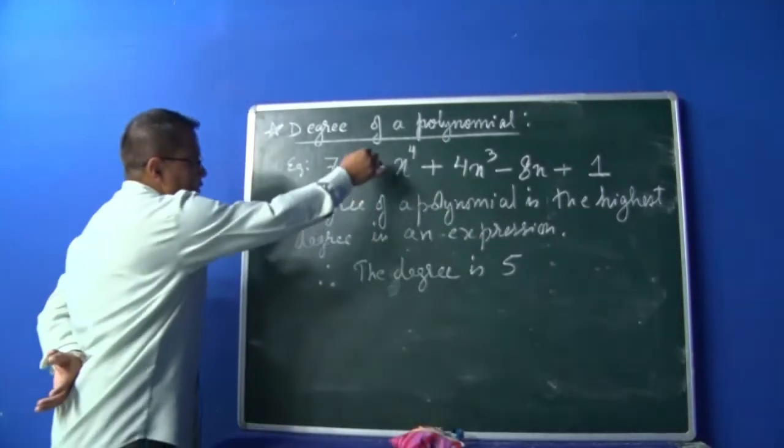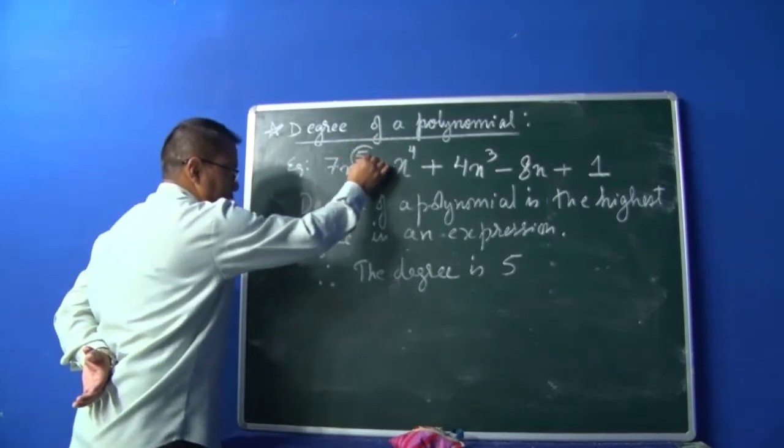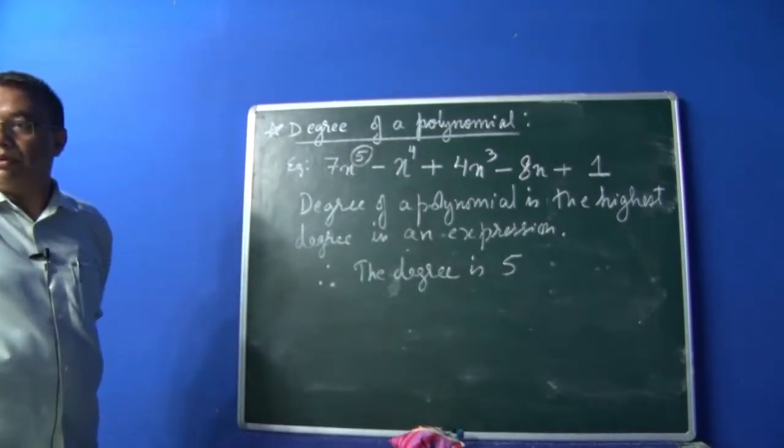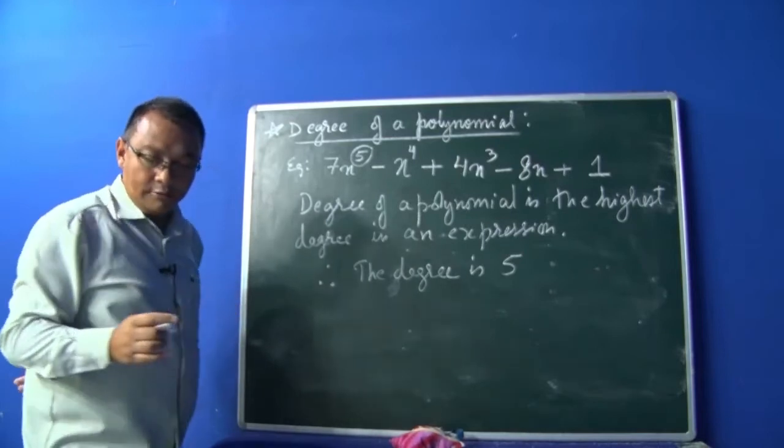That means this is the power I can circle. This is the power, so the degree is 5.